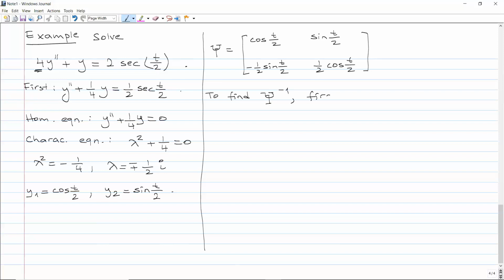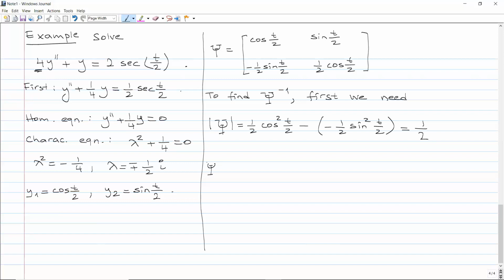First, we need its determinant. Multiplying the main diagonal, 1/2 cosine squared t over 2, minus the other diagonal, minus 1/2 sine squared t over 2. So this sum is just 1/2.